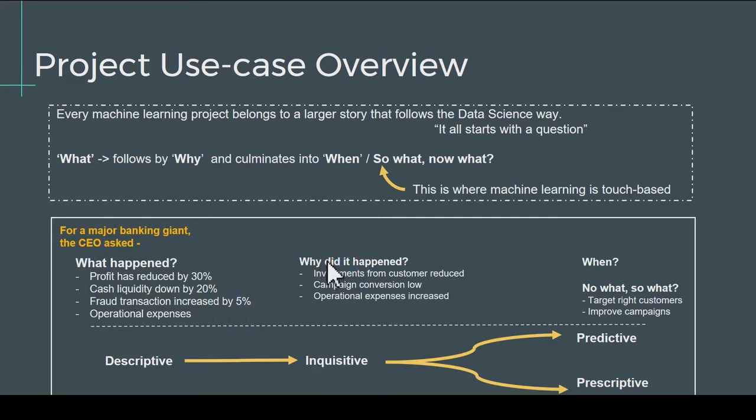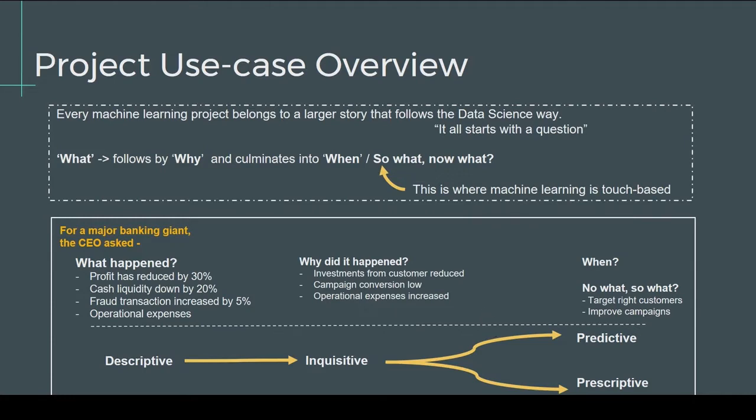So you would get answers like: we did an analysis, we explored the data, we tried to understand what reasons could contribute towards these issues, and we understand that the crisis has primarily happened because the investments from customers have reduced. The campaigns which we have been conducting have a lower conversion rate, and overall, because operational expenses have been increasing, that has affected the profit margins.